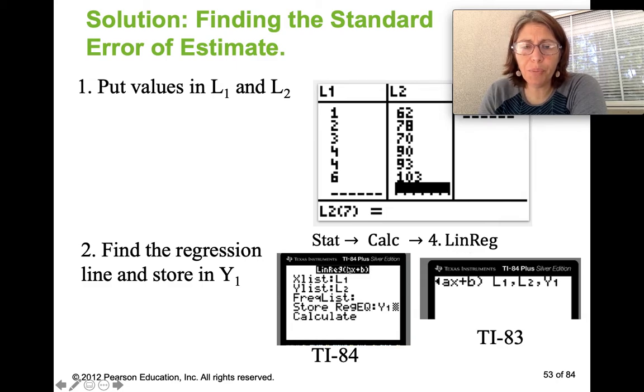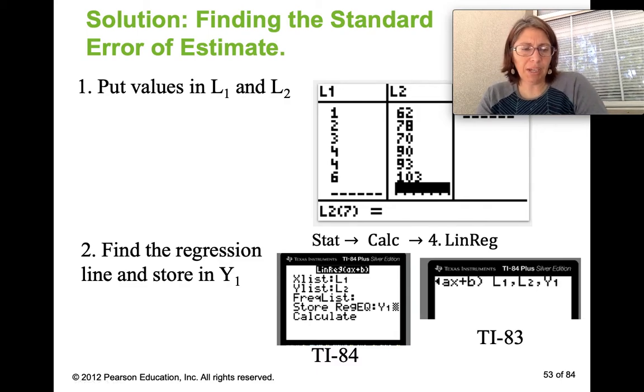Now TI-84 people, you've got this list, so we want to tell it list 1, list 2, and store it in y1. TI-83 people, you're going to get LinReg AX plus B, and you have to tell it list 1, comma, list 2, comma, y1.